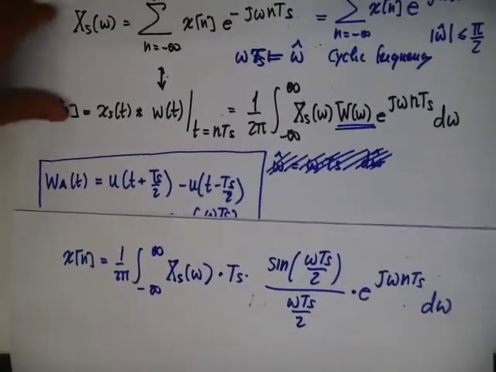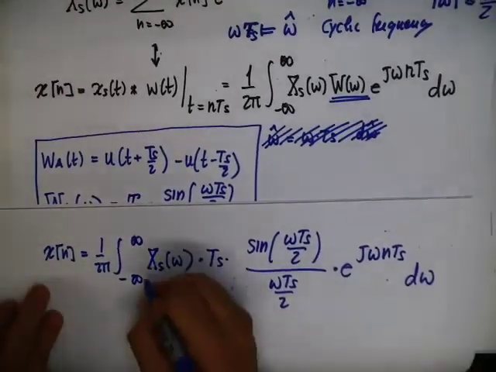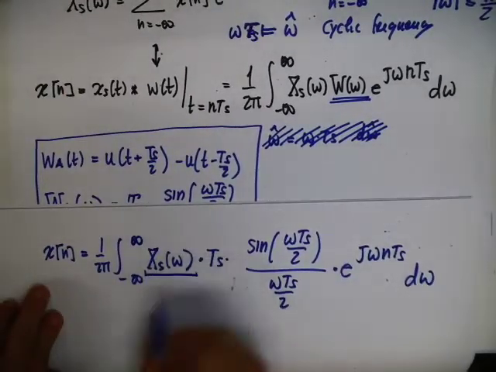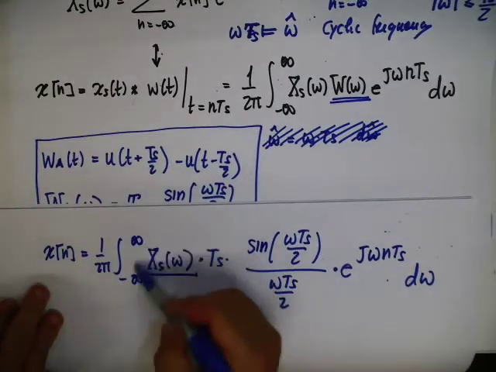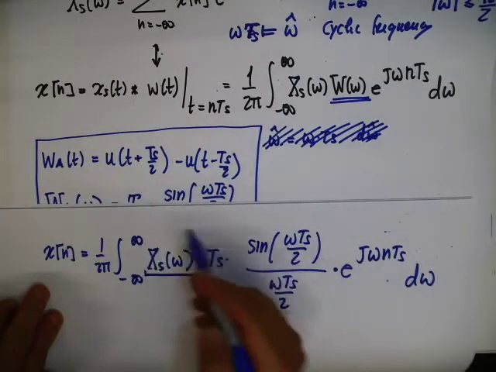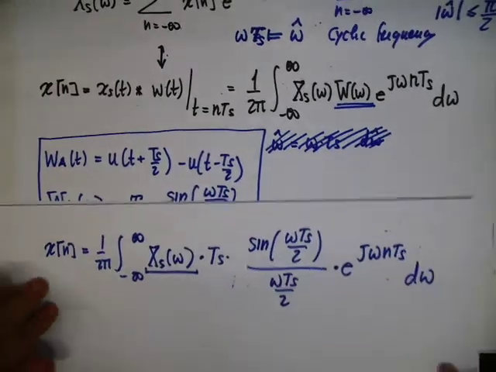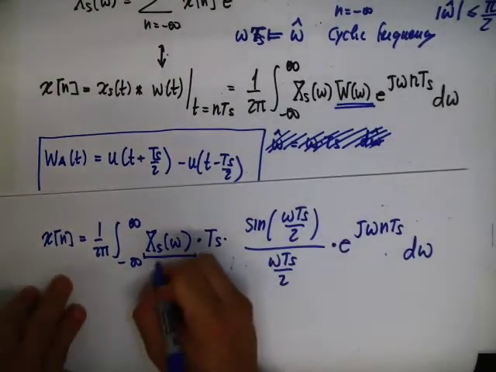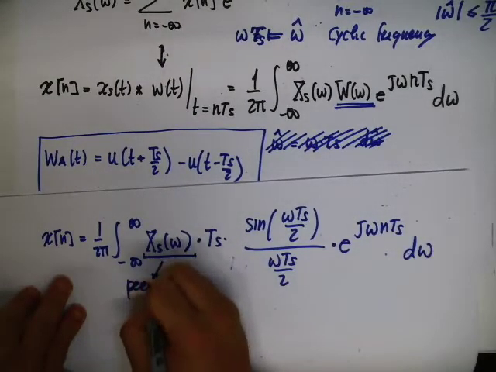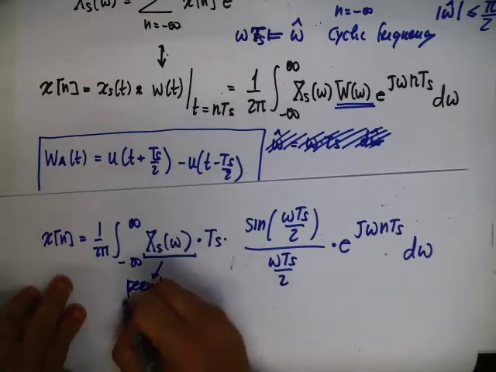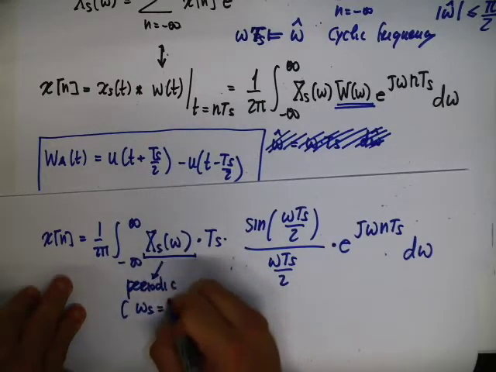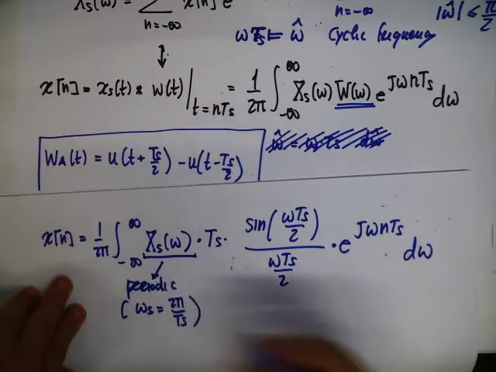Of course, now when we do this integration, we need to consider the entire Fourier transform between minus infinity and infinity. And we know that this Fourier transform is periodic with period omega s, 2 pi over ts.